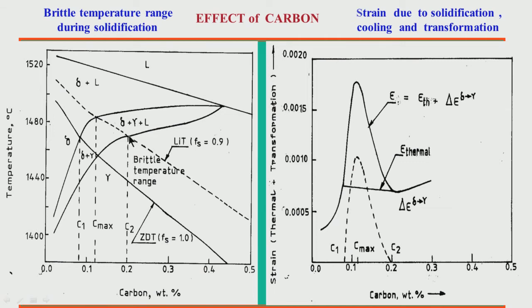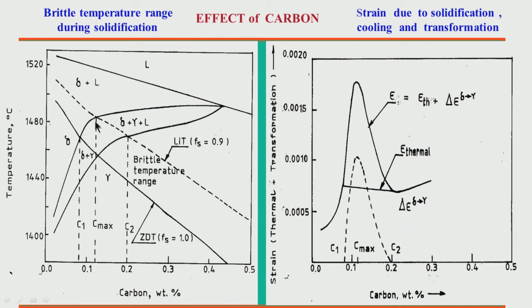Beyond 0.2% carbon, when it is more, delta to gamma transformation is taking place during solidification, but above this critical temperature, brittle temperature range. At Cmax, this delta to gamma is taking place entirely in the brittle temperature region.